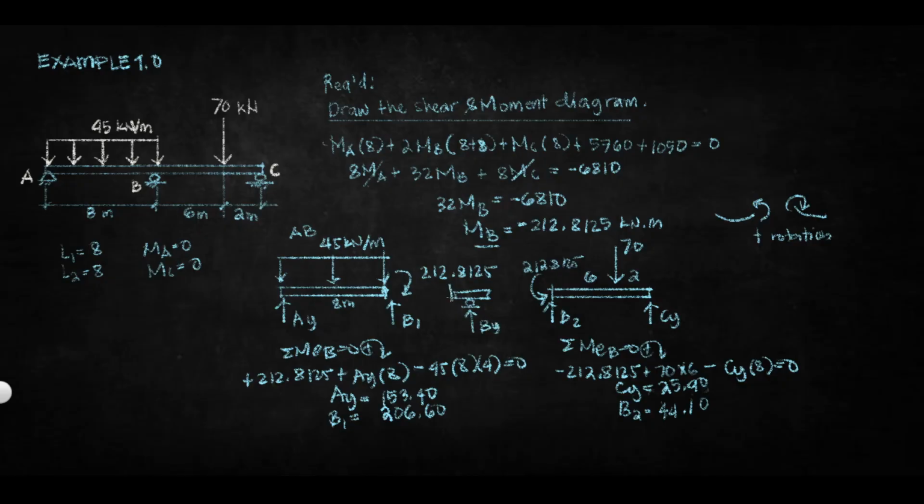So, ito yung B1 saka B2. Ito yung sa B1, ito naman sa B2. So, to get by, so simply add lang po natin. Okay, by is B1 plus B2. Okay? That is 206.60 plus 44.10. So, we have 250.7.